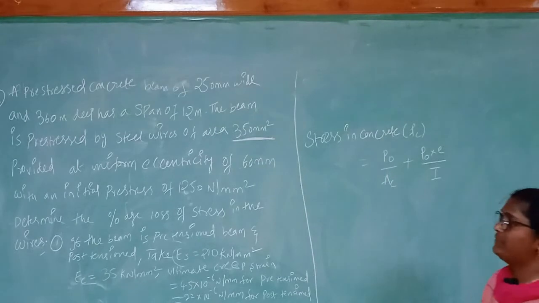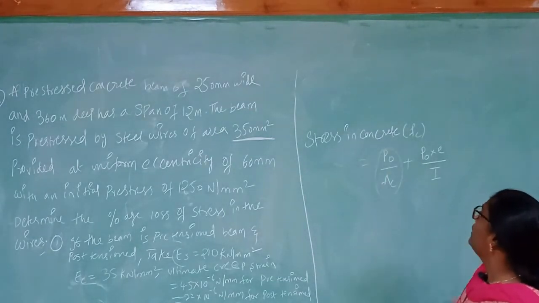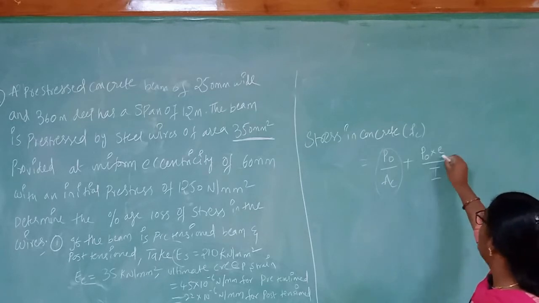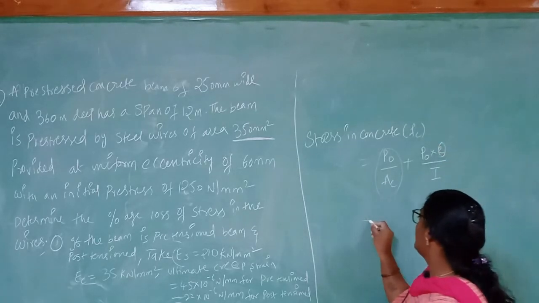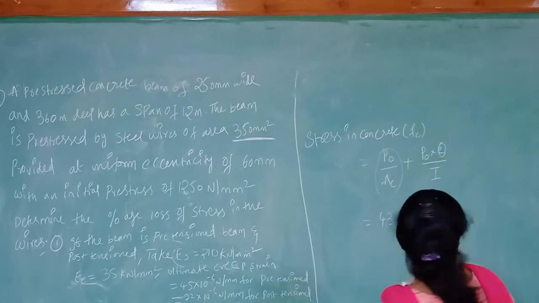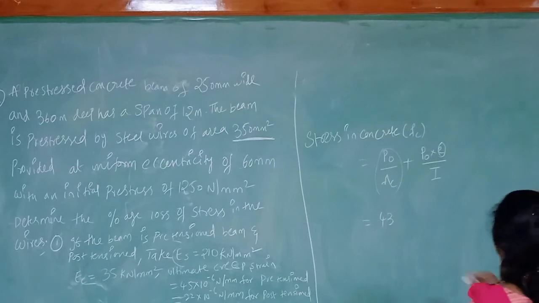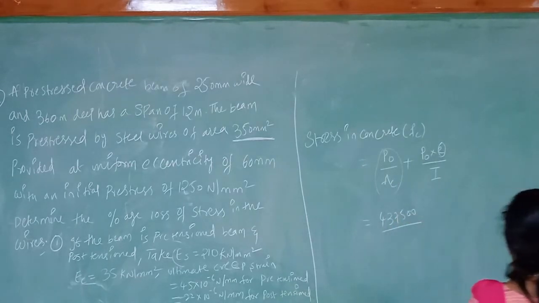In the previous problem we have taken only this one. In this problem, here they have given the eccentricity. So how much did you get? P naught is 437500. What is the area of the concrete?